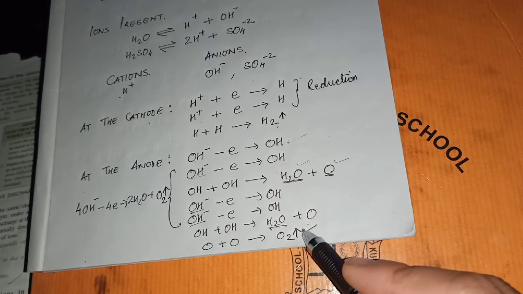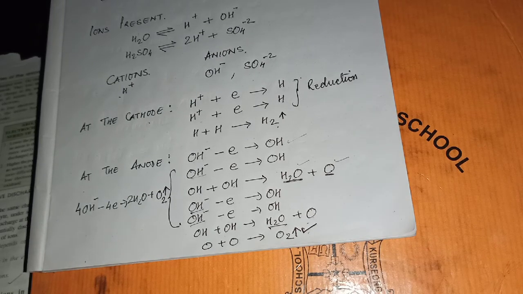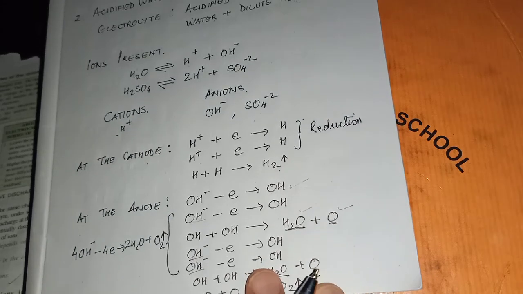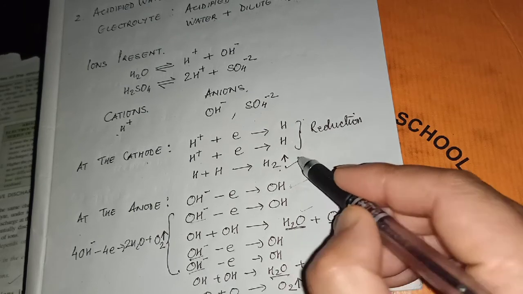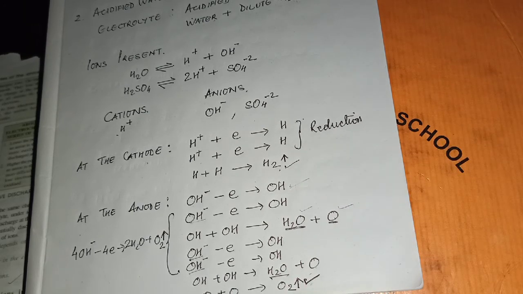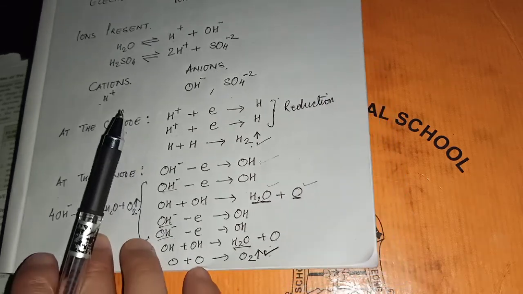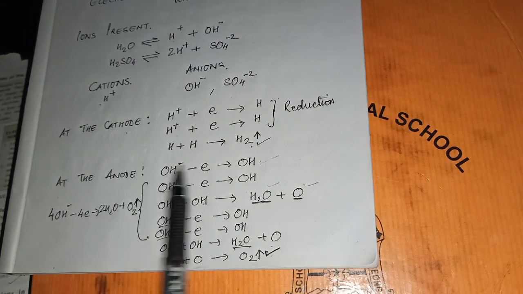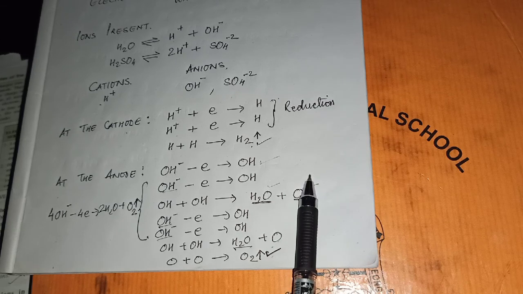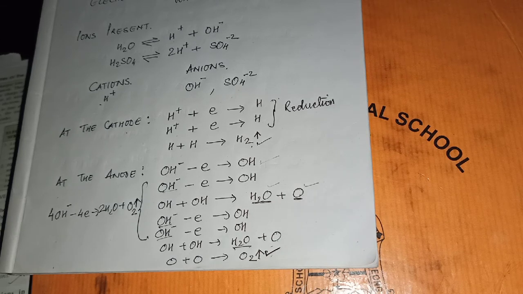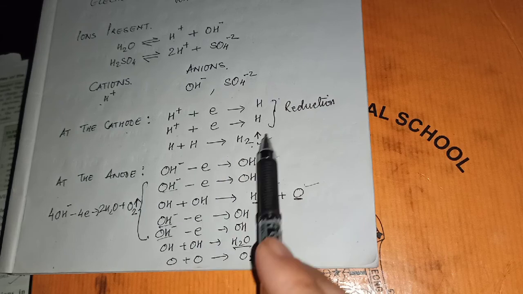Which gas will be produced at the cathode during the electrolysis of acidified water using platinum electrodes? Hydrogen gas. What type of reaction occurs at the cathode? Reduction. What type of reaction occurs at the anode? Oxidation. Write the reaction. You have to write like this.